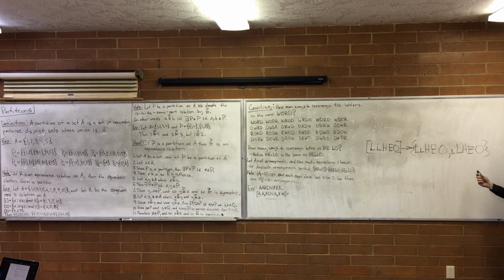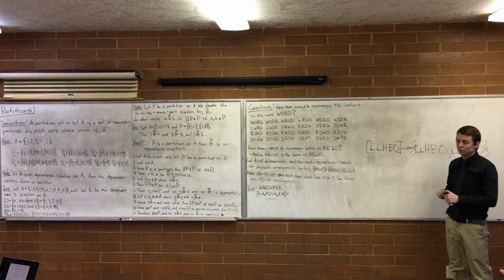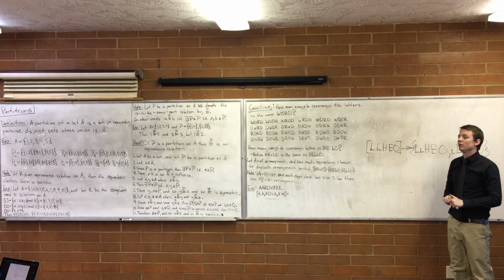So it's like saying you're counting all the relations. I'm counting equivalence classes, where the relation gives me the same word. Okay, there's 60 equivalence classes. But why? That makes no sense. Why would they?